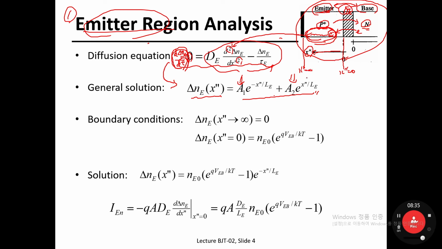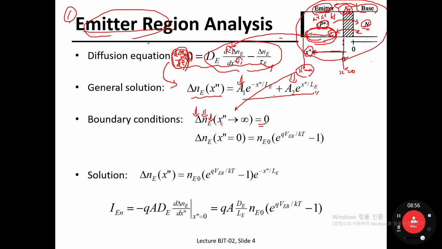So when x2 prime is approaching infinity, how much excess electron concentration in the emitter should be left behind? Well, definitely 0. Why is that? Because this is a P plus region, so many holes are available.